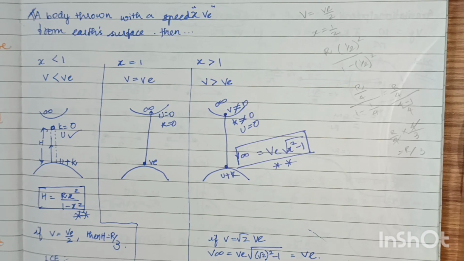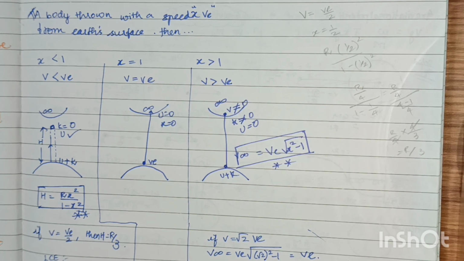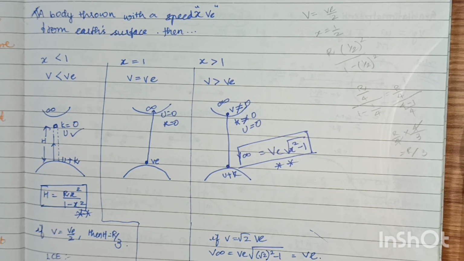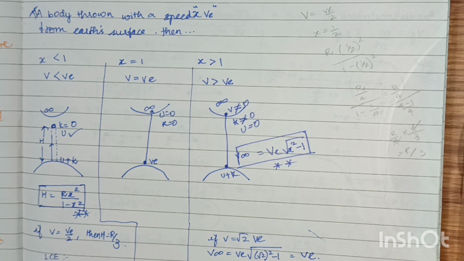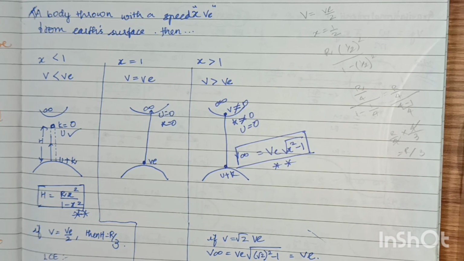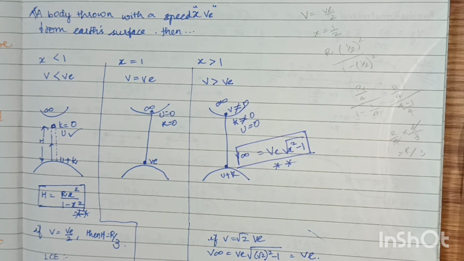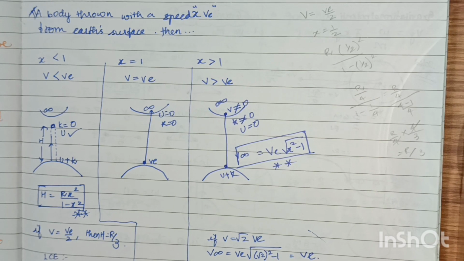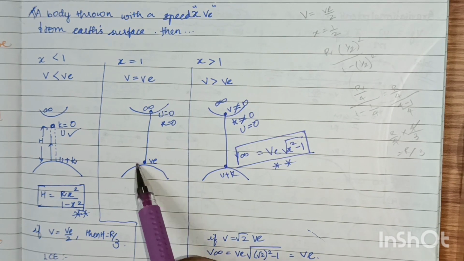Now let us see an important topic related to escape velocity. First we are going to see three cases. From the surface of the earth we are going to project a body. In the first case, with a velocity equal to the escape velocity.